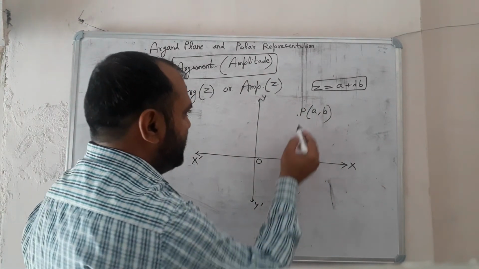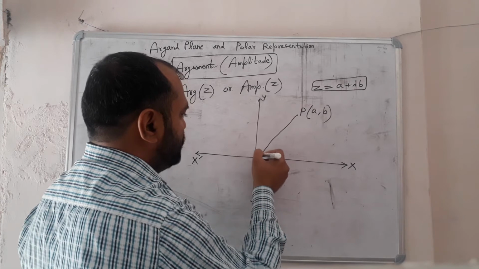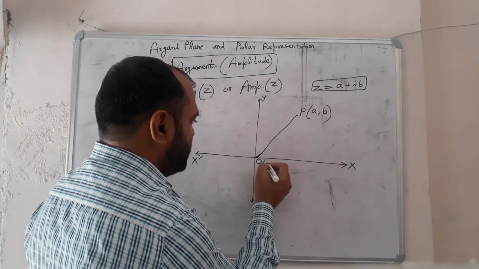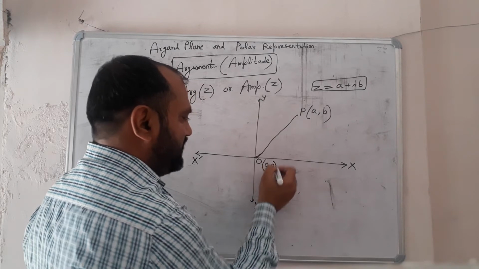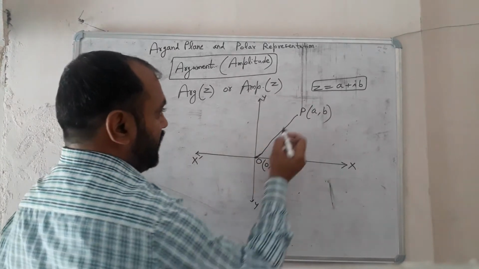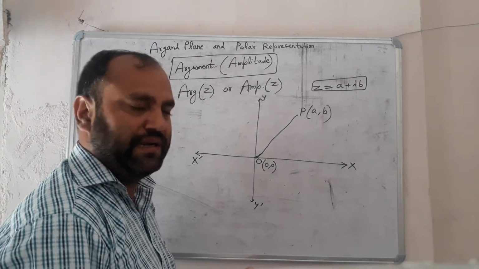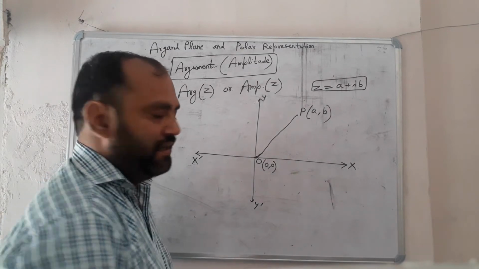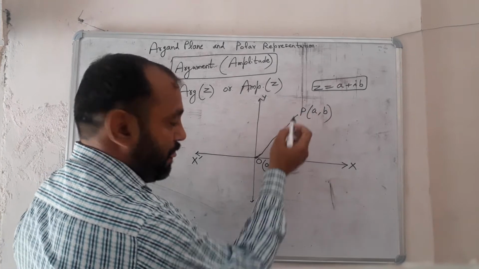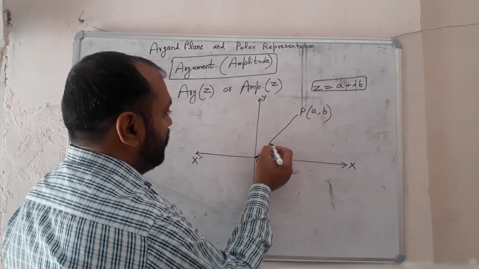Right? When you join this to origin, its coordinates are 0, 0. So, what is the argument? Argument is the angle which this OP makes with the positive direction of x-axis in anti-clockwise direction.